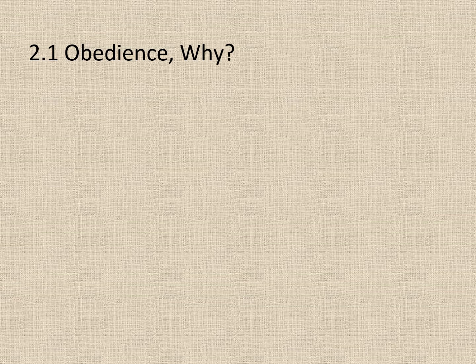What kind of reasons are there for obedience? It could be seen, as I said before, as pretty similar to conformity. So we could think about informative and normative reasons. Informative reasons: we do as we're told because we think it's the rational way to act. We might draw the conclusion, this person knows more about this kind of situation than I do, so I should do as he or she tells me.